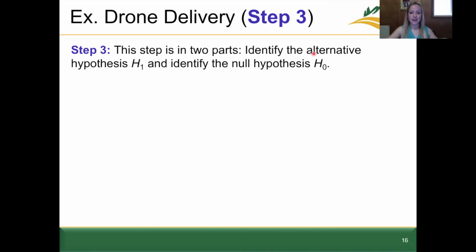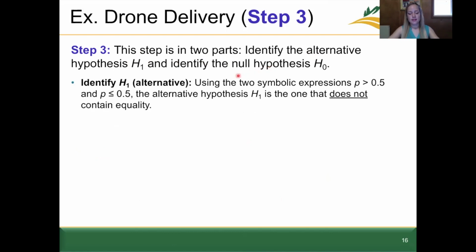We're going to identify the alternative hypothesis, or H1, and identify the null hypothesis, H0. Remembering our definition of alternative versus the null hypothesis, the alternative hypothesis is anything other than our claimed value. From step 2, we knew our 2 notations where P is greater than 0.5 and P is less than or equal to 0.5. The trick to identifying the alternative hypothesis is to look for the one that does not contain the equality.